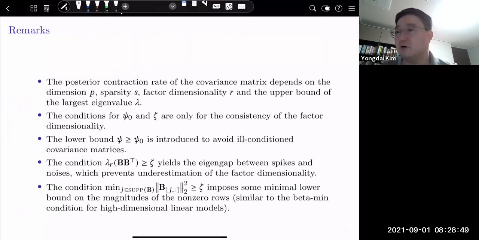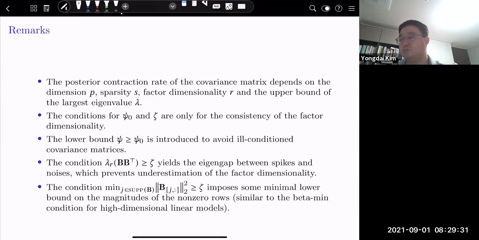These are remarks about the choice of parameter space. The posterior contraction rate of the covariance matrix depends only on the dimension P, the sparsity level S, the factor dimension R, and the upper bound of the largest eigenvalue lambda. The conditions for the lower bound of the noise variance and the lower bound of the smallest eigenvalue are only needed for the consistency of the factor dimensionality. In particular, the lower bound of the noise variance is introduced to avoid an ill-conditioned covariance matrix.